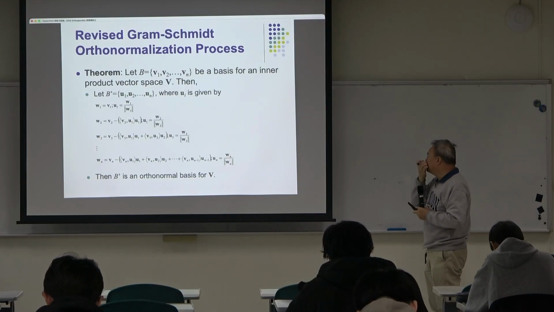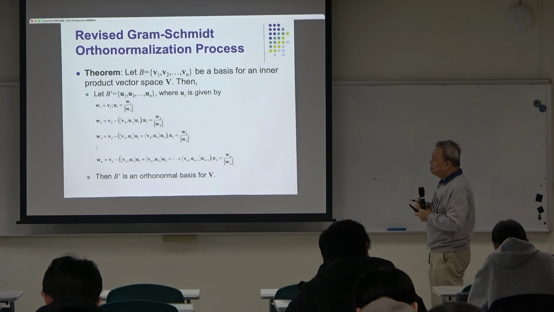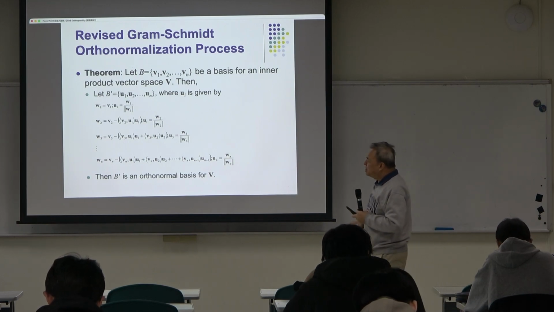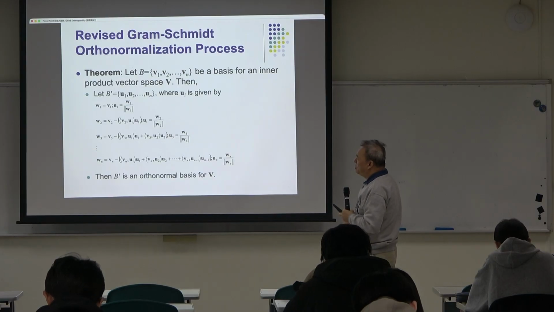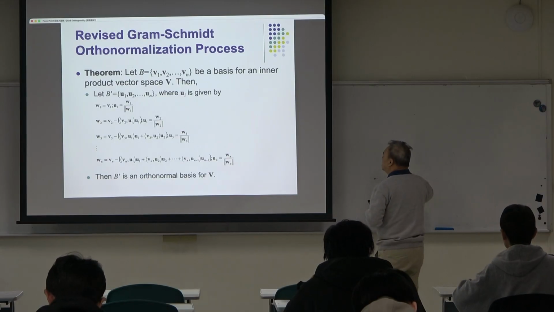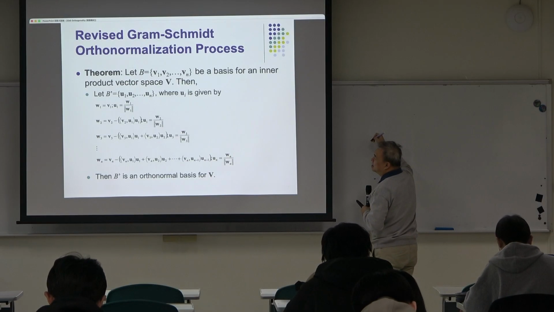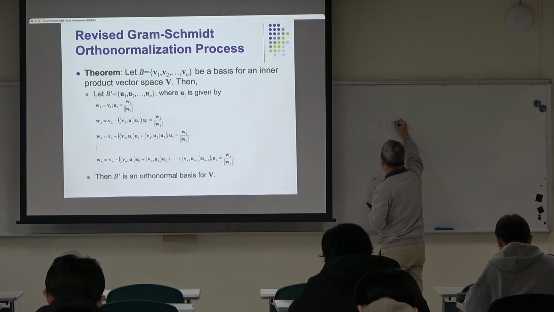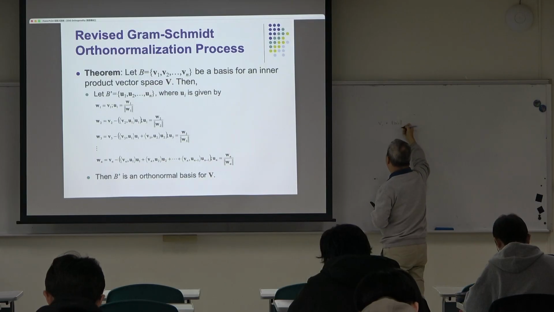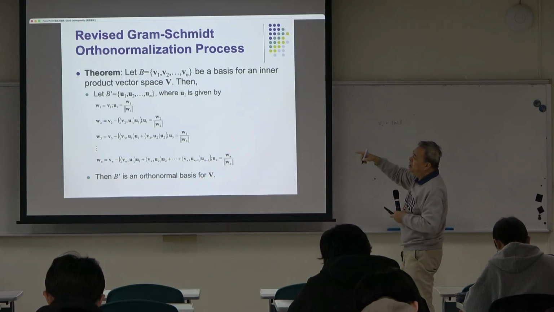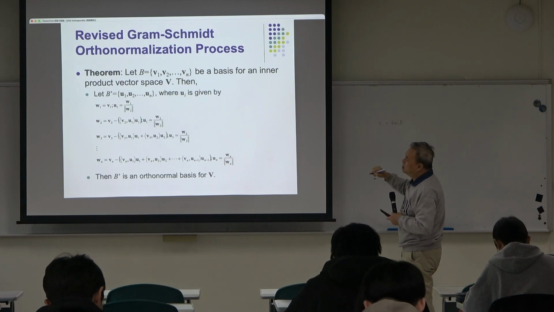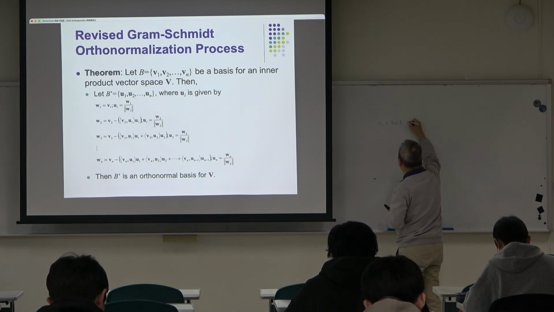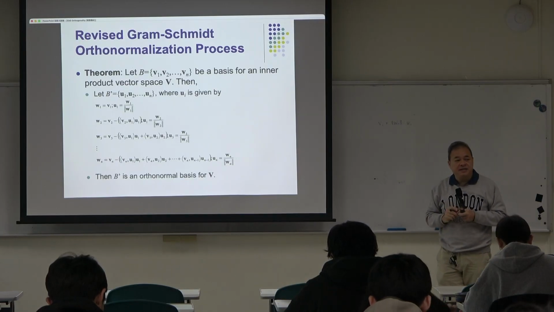Let's just write the first few terms. The V1, because W1 is V1, right? So U1 is W1 divided by the norm of W1. So basically, you can say V1 is the norm of W1, which is also the norm of V1, times U1, right?